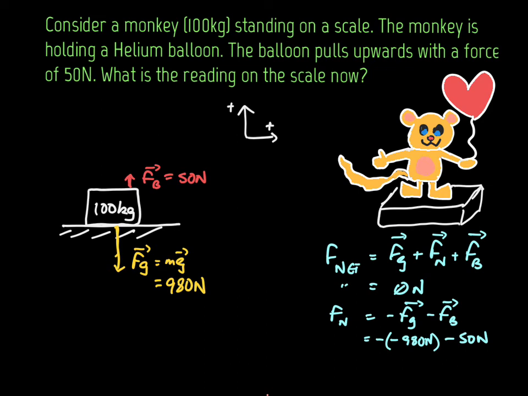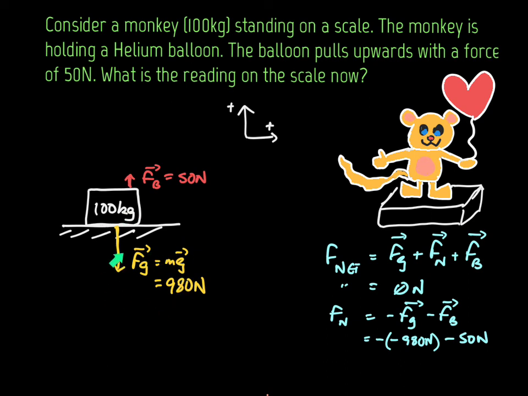So this is an example of where there is an upward force. And that upward force is going to mean that Fn, the normal force, does not just simply equal and cancel out Fg. So just before we look at our FBD, we should probably always consider doing a sign convention so we know which side is positive, is it up or down, and we stick to that.